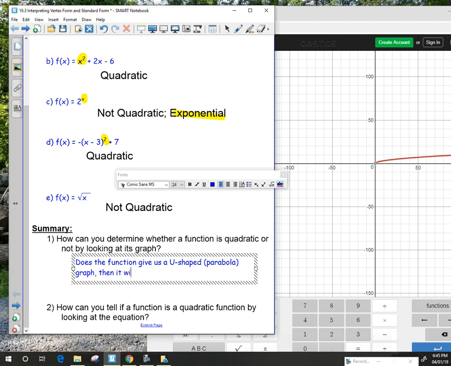Then it will be quadratic. That's how we can tell by the graph.